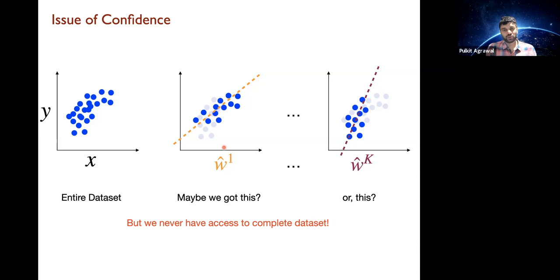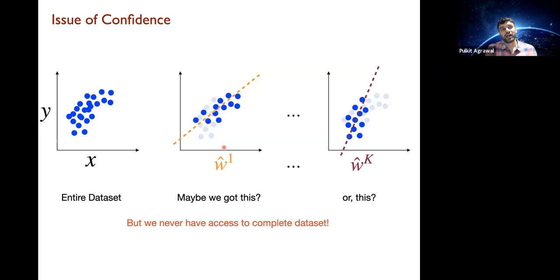This is where it will show up in context of control. But this also shows up quite a lot in simple supervised learning, because you might ask the question, how confident I am about my model correctly capturing the data that has been provided to me?